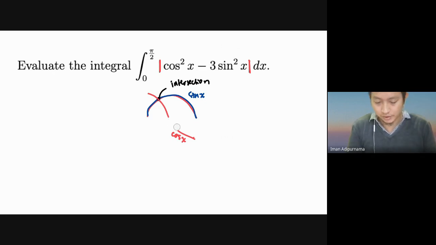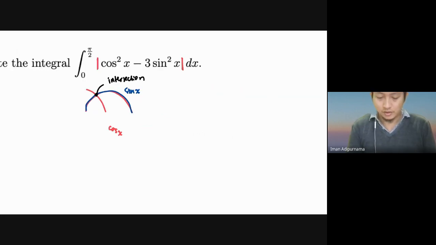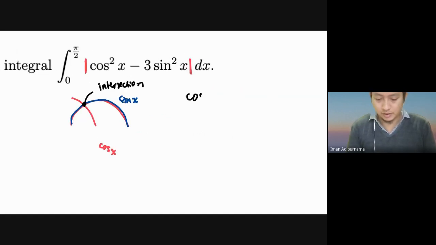Okay. So first we take cos squared x equal to 3 sine squared x.